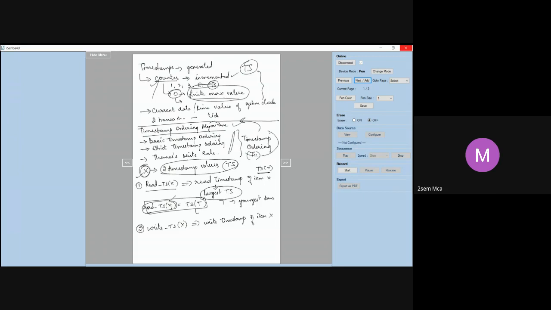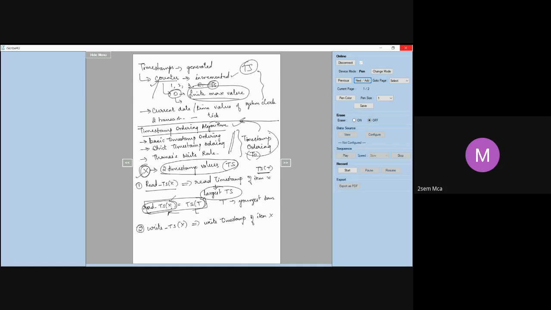Suppose at 10:1 one transaction started reading X, and at 10:5 another started reading X. Reading simultaneously is allowed, but they did not start at the same time. So TS of T is the youngest, the transaction whose TS of T is the maximum.